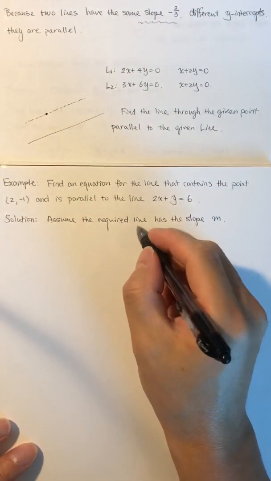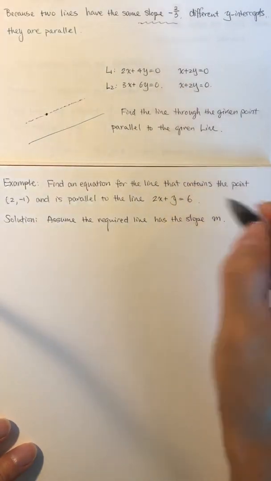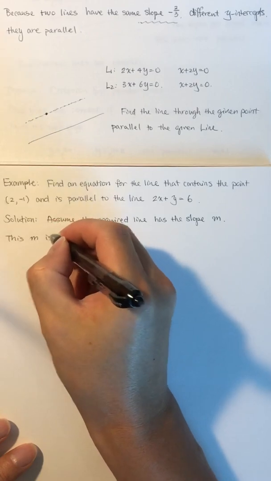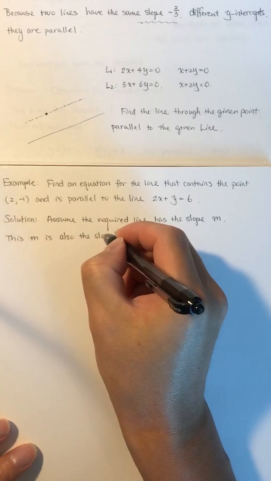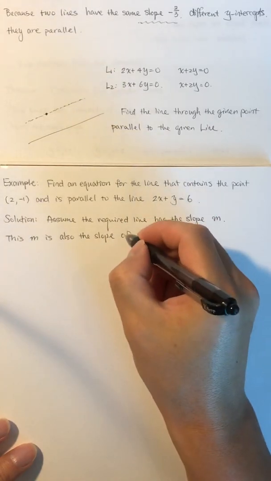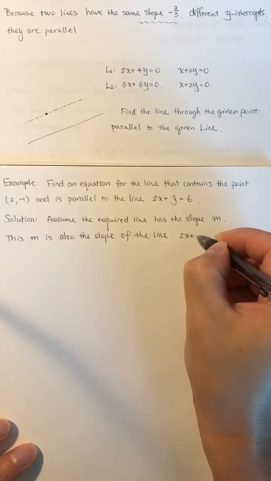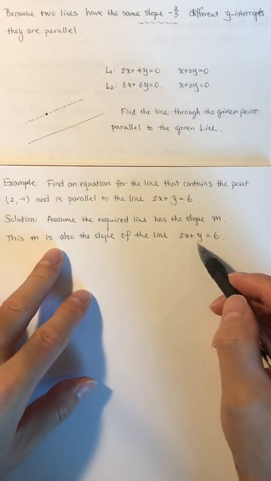Because the required line is parallel to the given line, this m is also the slope of the line 2x plus y equal to 6. They should have the same slope, right?